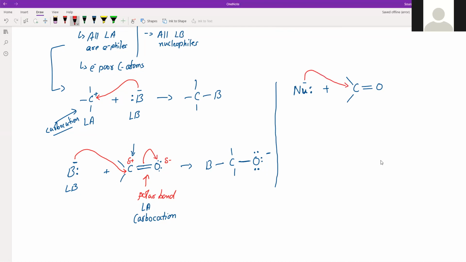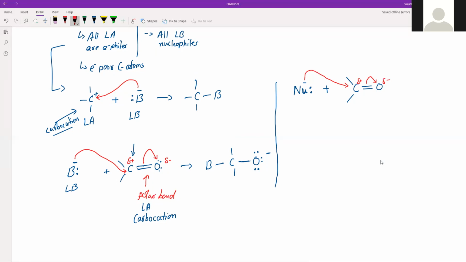To here. Why should it come here? Because, as we have seen earlier, this bond will lose its electron because oxygen is more electronegative, and it will come here. A delta positive charge is developed here, and delta negative here. So this will now attack this side because there is a positive charge developed there.